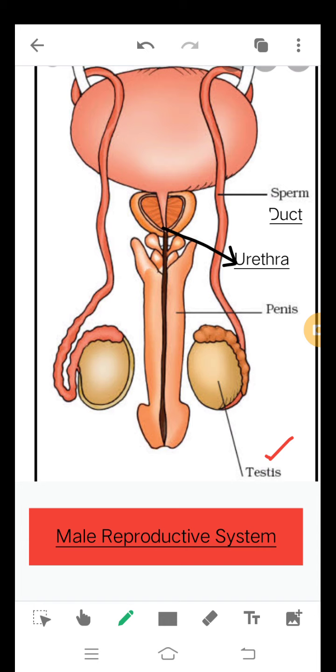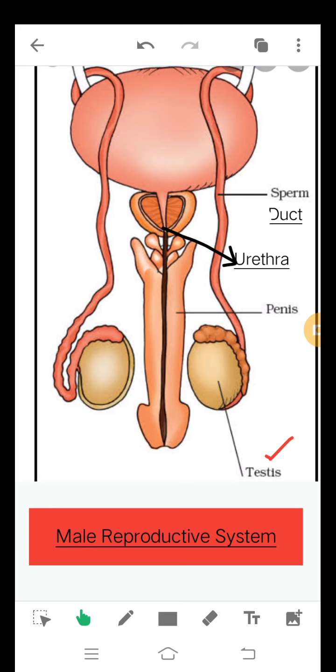There are two testes in each human being, and each testis is connected to one tube. There is a tube-like structure starting from each testis.